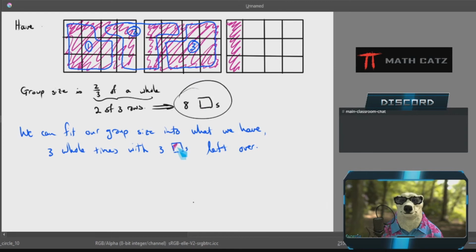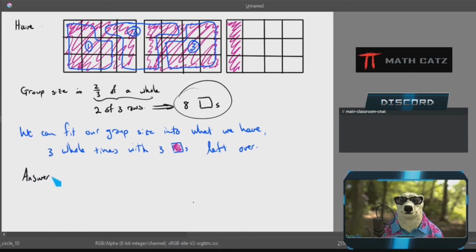And of course, how many squares did I have? I don't even know. 1, 2, 3 rows. 1, 2, 3, 4, 8, 9. So 27. 27 divided by 8 is 3 with a remainder of 3. But I think this is nicer. Okay, so my answer therefore is going to be, not pink.